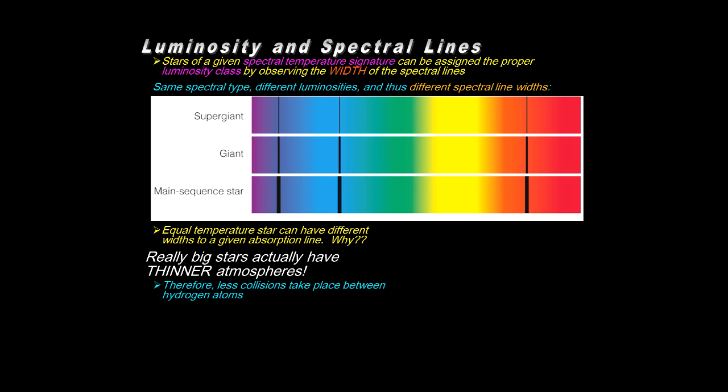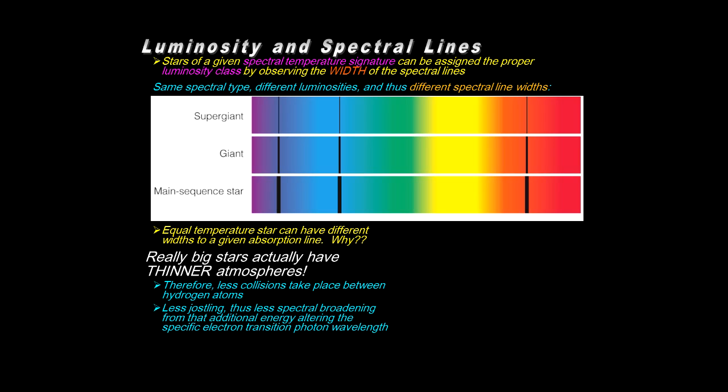Why does that matter? Well, because of the jostling, because of the collisions taking place amongst the atoms, that changes the energy profile so that the energy of the photon that's just right to produce one specific wavelength that's being absorbed, it's now a small range of wavelengths because of this energetic jostling of the atoms amongst themselves.